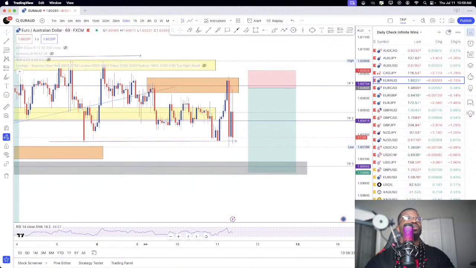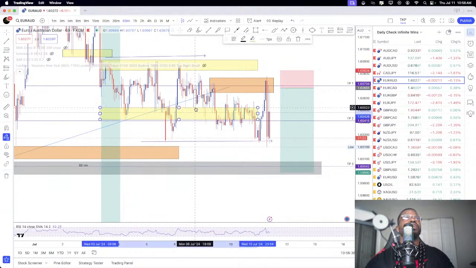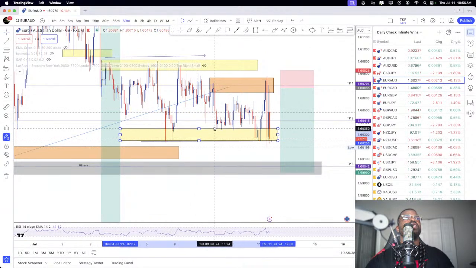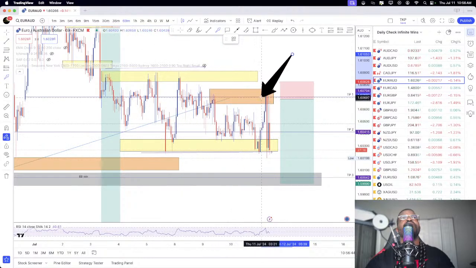So based on what I just showed you guys, price is creating consolidation in range here, okay? So all of this right now is price moving sideways.